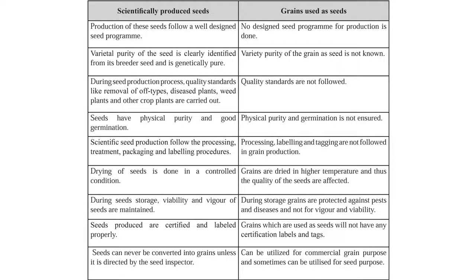Grains are dried at higher temperature and thus the quality of seeds is affected. During storage, grains are protected against pests and diseases and not for vigor and viability. Grains which are used as seeds will not have any certification labels and tags, and can be utilized for commercial grain purposes and sometimes for seed purposes.